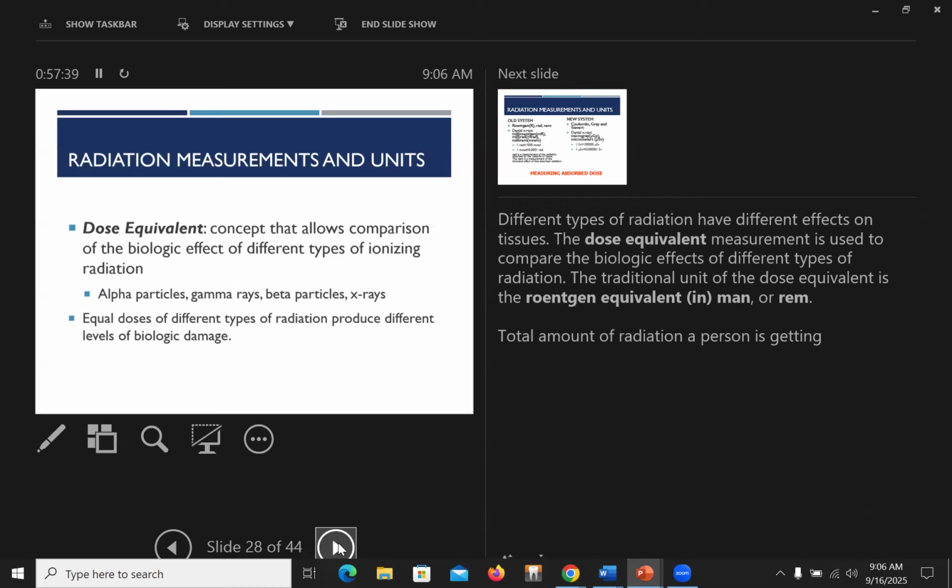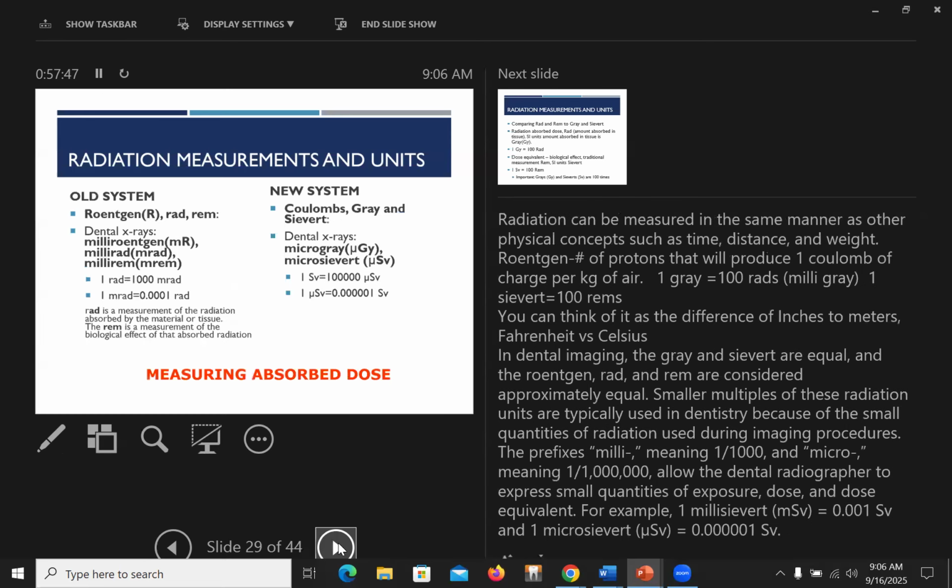We will get to a few of these names for the dosing and the units, but I boil it down to one or two concepts that you can walk away with. There is an old system and then there is a newer system and they're weighted differently. So the old system, they measure different things.